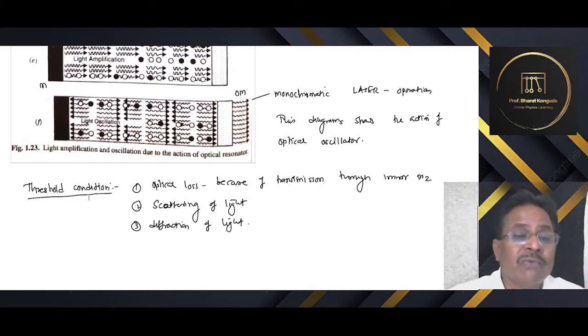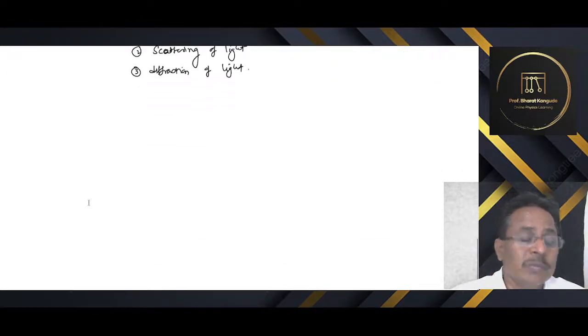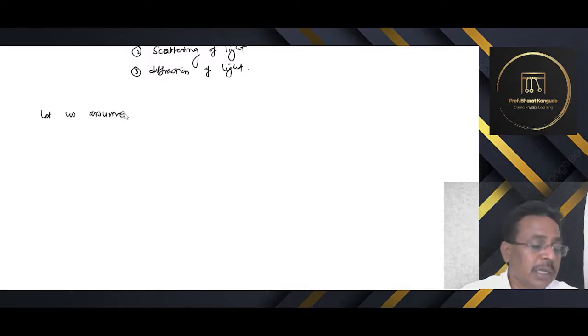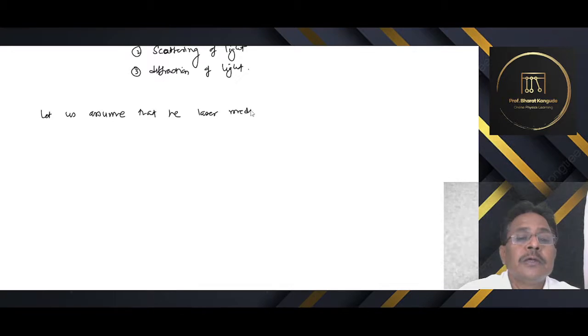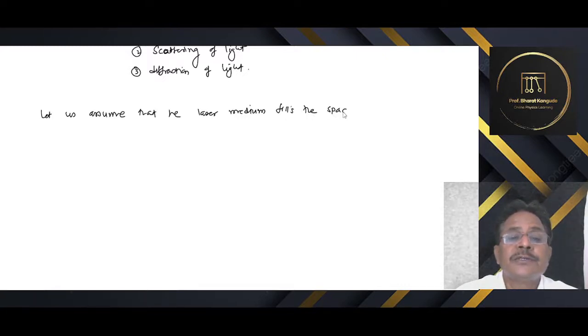And therefore for that condition we have to go for a simple mathematical derivation as follows, and we have to write all these things briefly. So let us assume that the laser medium fills the space between two mirrors.